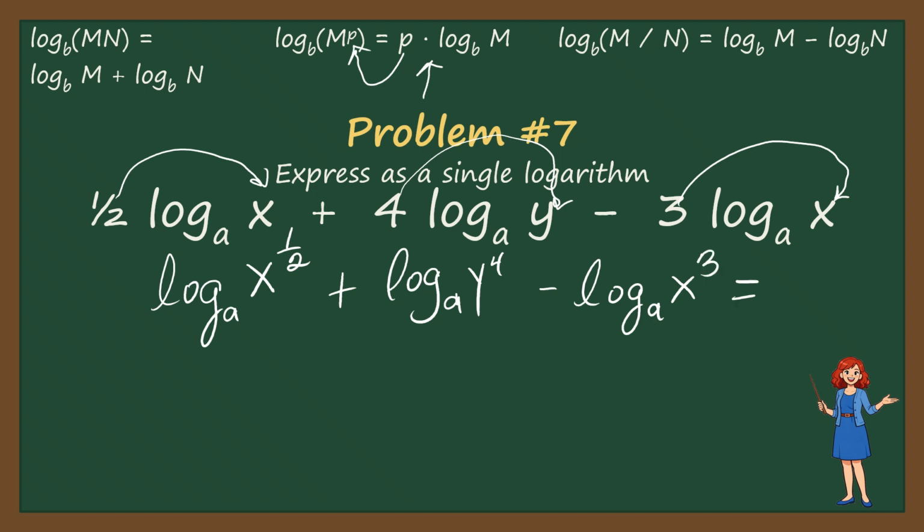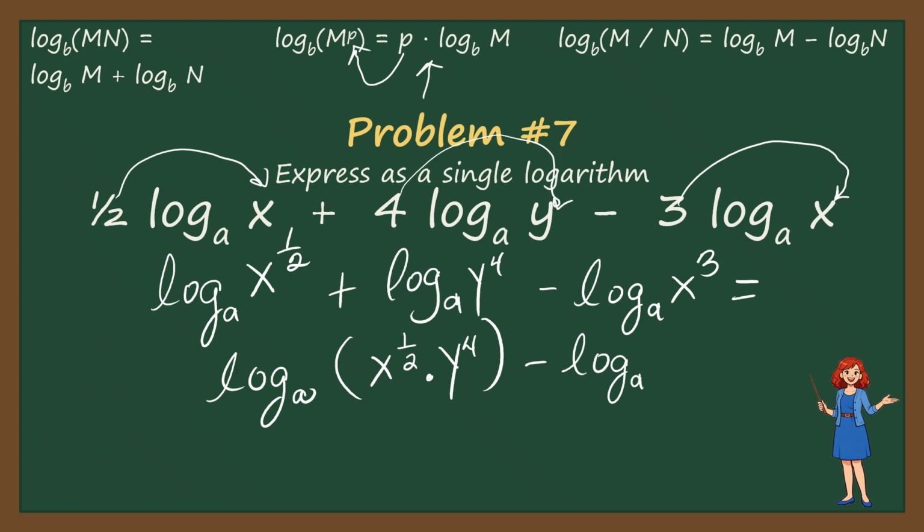Now, I have a plus and a minus that I have to deal with. So I have the product rule and I have the quotient rule. What I would do is take the product rule first. So that's going to be log base a of x to the 1/2 times y to the 4th, and I'm going to subtract from that log base a of x to the 3rd.